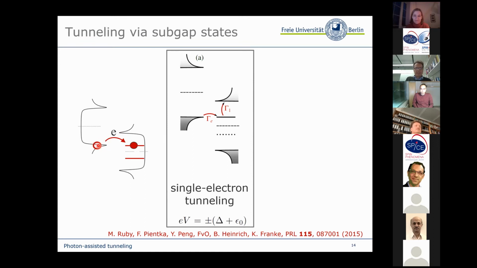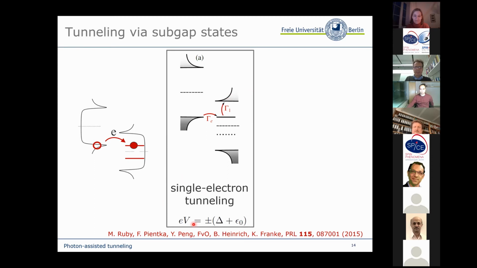So imagine that the first electron is tunneling across. This electron cannot leave the junction region because there are no electron states available within the gap. And thus it has 2 different possibilities. Either it waits until a phonon or photon comes along that gives it enough energy to get promoted into the quasi-particle continuum, and then it can leave the junction region.